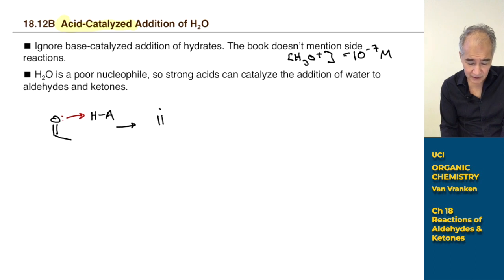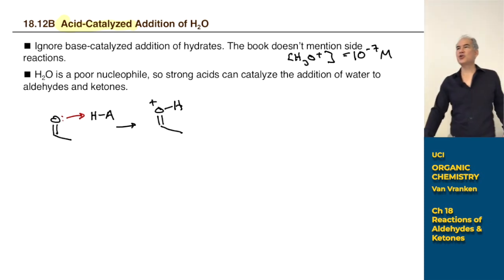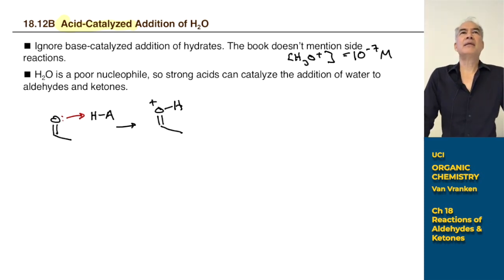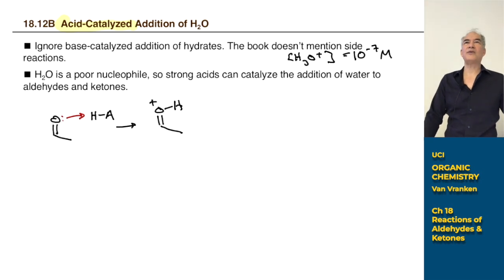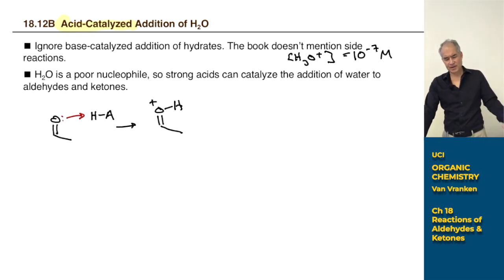And so once we convert this into an O+, now it's very easy to add to that carbonyl. We refer to this species as an oxonium ion. What does that mean? Oxonium ion means 3 bonds to oxygen. That's all it means. It could be 3 single bonds. It could be a double bond and 1 single bond. It's 3 bonds to oxygen. There's got to be a positive charge on there. It's called an oxonium ion or an oxonium cation.